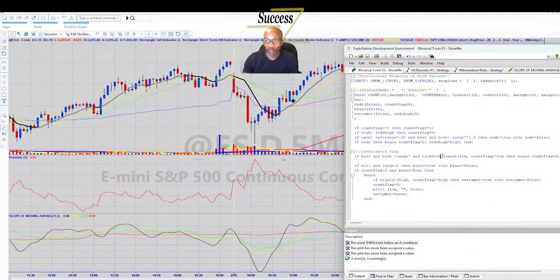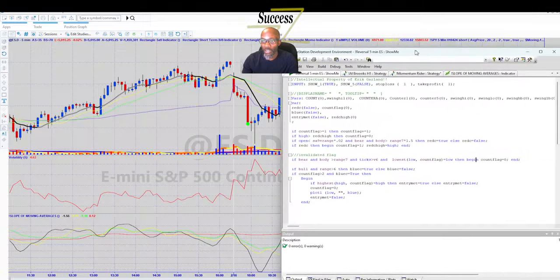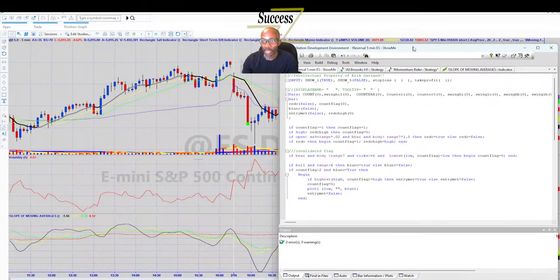So, all right, so now, what? We didn't get it back. All right, so if it's a bear and the body is greater than the range of 7, and the ticks, which is volume, is greater than the 6-period moving average of the volume, and the lowest low of the flag is equal to the low of the bar that you're looking at, then we're going to make count flag equal to 0.